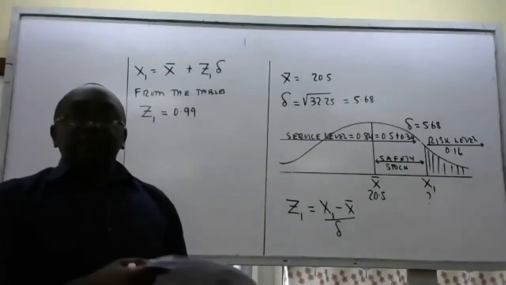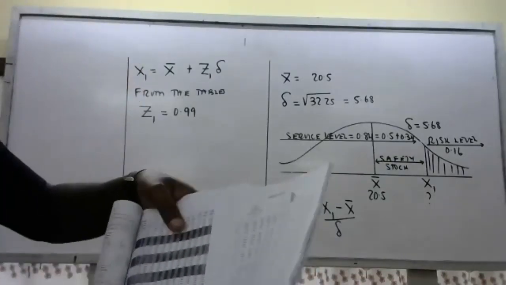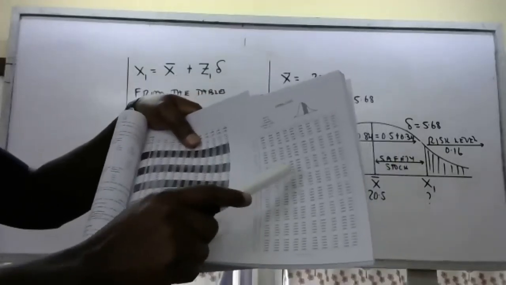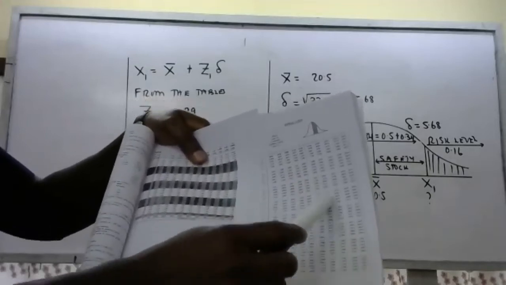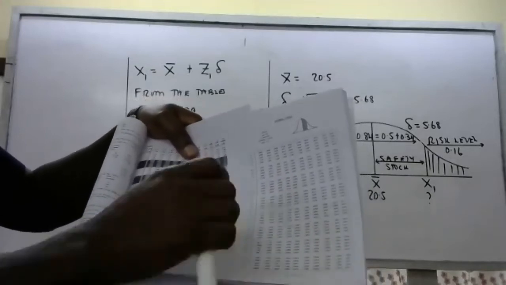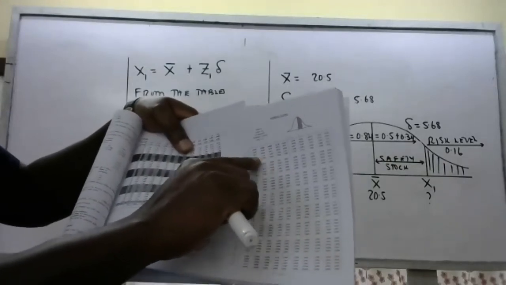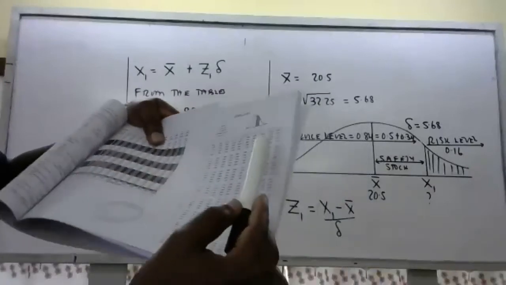For those who are online, if you are struggling, this is what we are saying. The table looks like this. You go inside here and look for 0.34. Where you find it, read this value here in the row and the value here in the column.